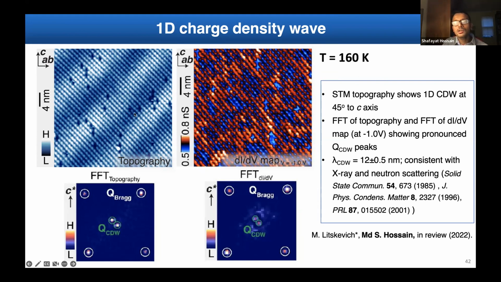And this charge density wave also reproduces in a dI/dV map, these conductance maps. And we can also, of course, extract the charge density wave wavelength from these measurements, which is about 12 nanometers, and it's consistent with the prior X-ray and neutron scattering measurements.